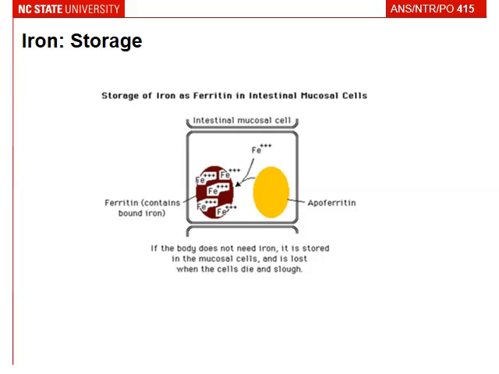It binds ferritin. And then if they don't need that iron, then when the intestinal cells are sloughed off, they just go into the intestine, and so the excess iron is then excreted with the rest of the feces. So the liver stores iron, and the intestinal mucosal cells also store a lot of iron too.